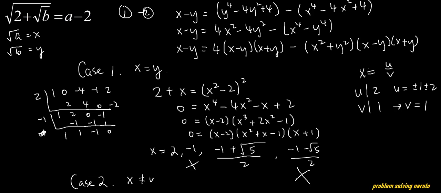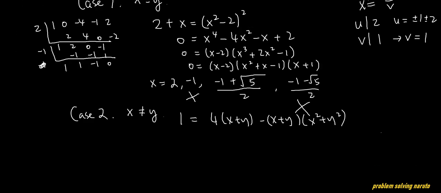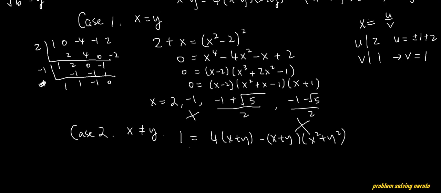X is not y. Then we can cancel this factor everywhere, and this equation becomes 4x plus y minus x plus y times x squared plus y squared. Okay. Let's just factor x plus y first.